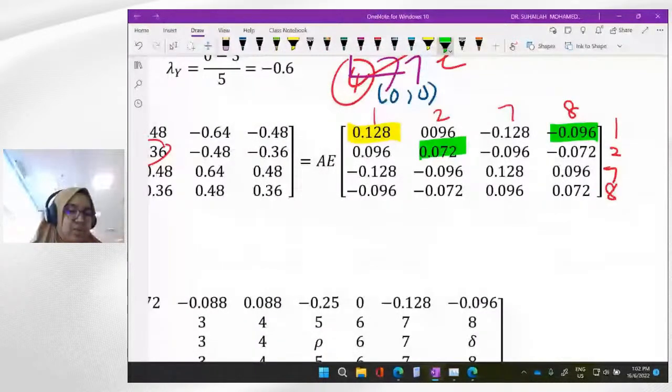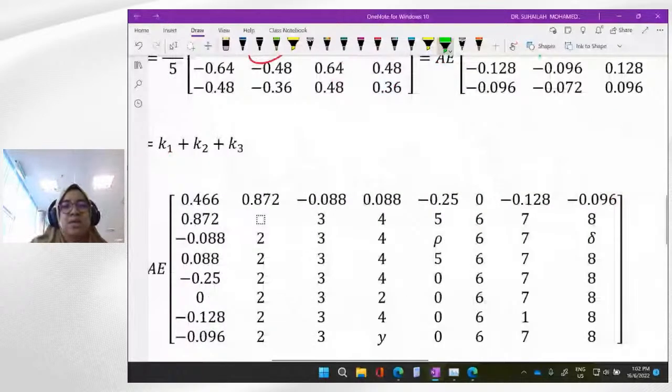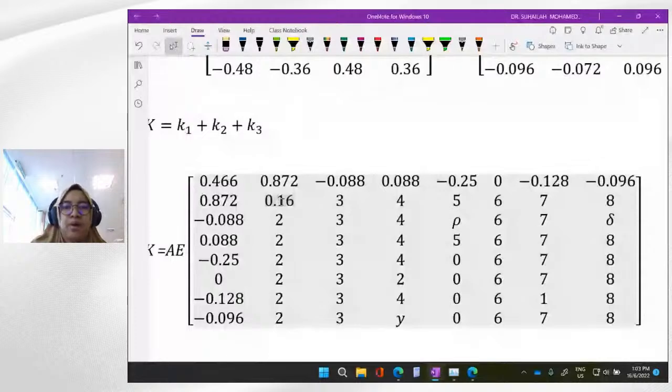So 0.088 plus 0.072, we get 0.16. So the value here is 0.16.